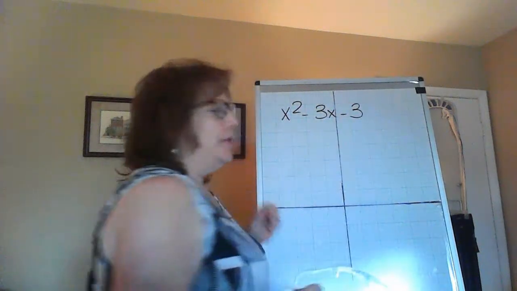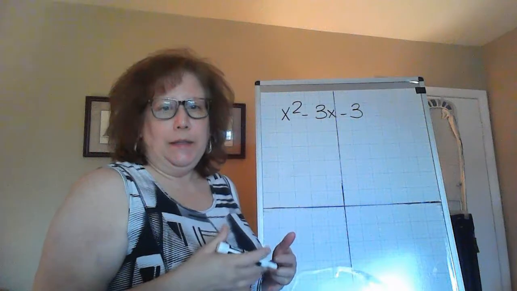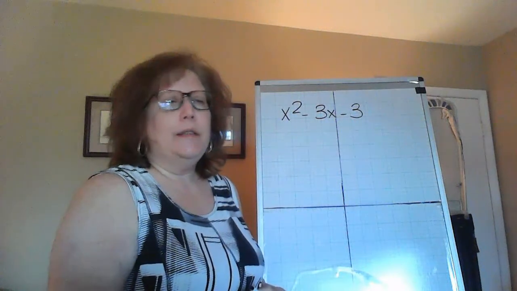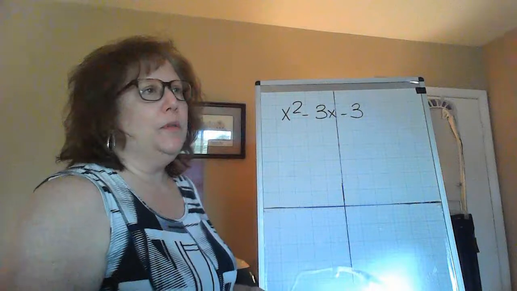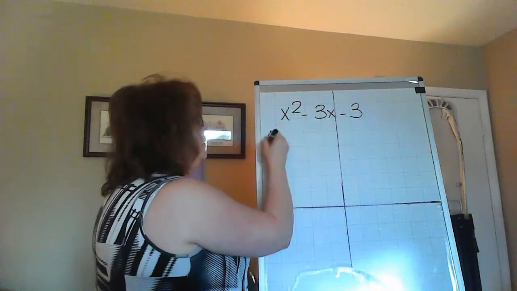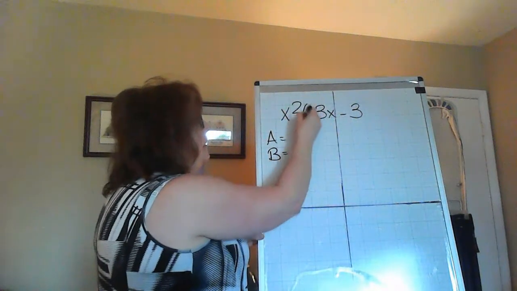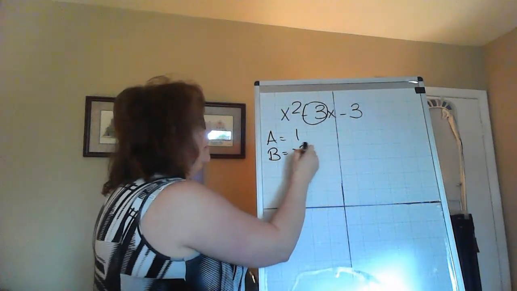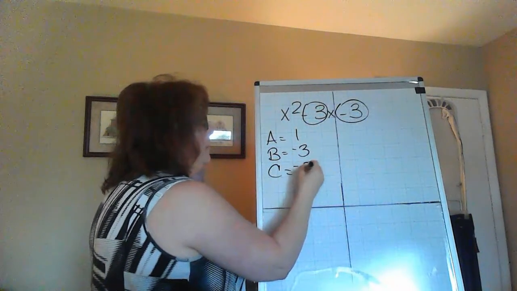And just as a review, we are going to be going through all of the necessary steps to get this up on the graph. So the first step is to figure out our A, B, and C. So A is 1, B is negative 3, and C is negative 3 as well.